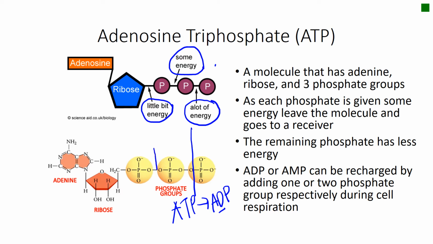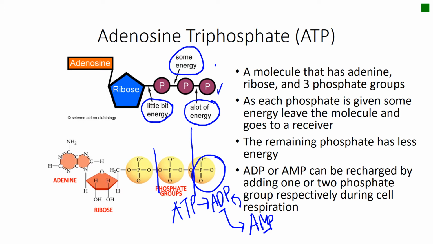If some more energy is released, but of course this time the amount of energy is less than the energy released by the first phosphate, the ADP will become AMP. Adenosine, can you guess? Yes, monophosphate, because there is only one phosphate. From AMP to ADP, they can be recharged by adding an additional phosphate group.